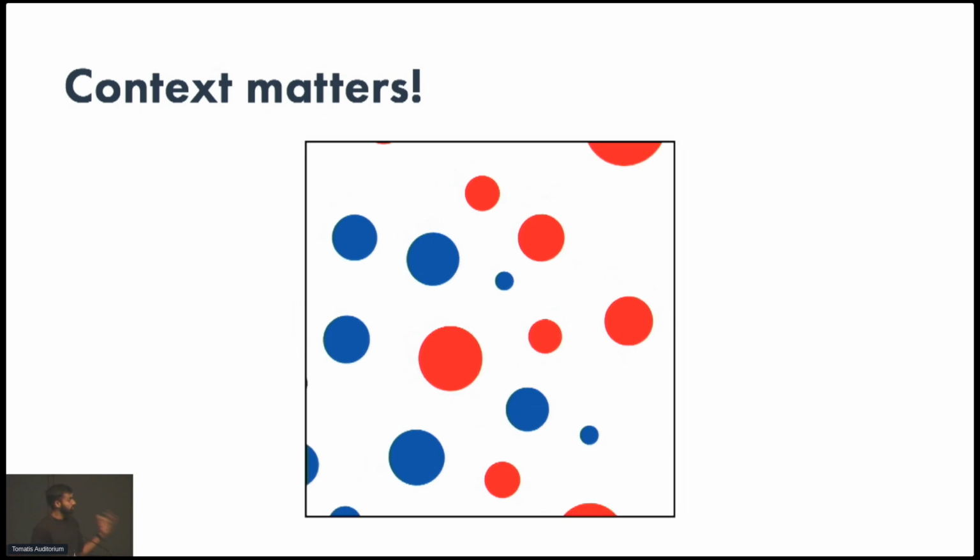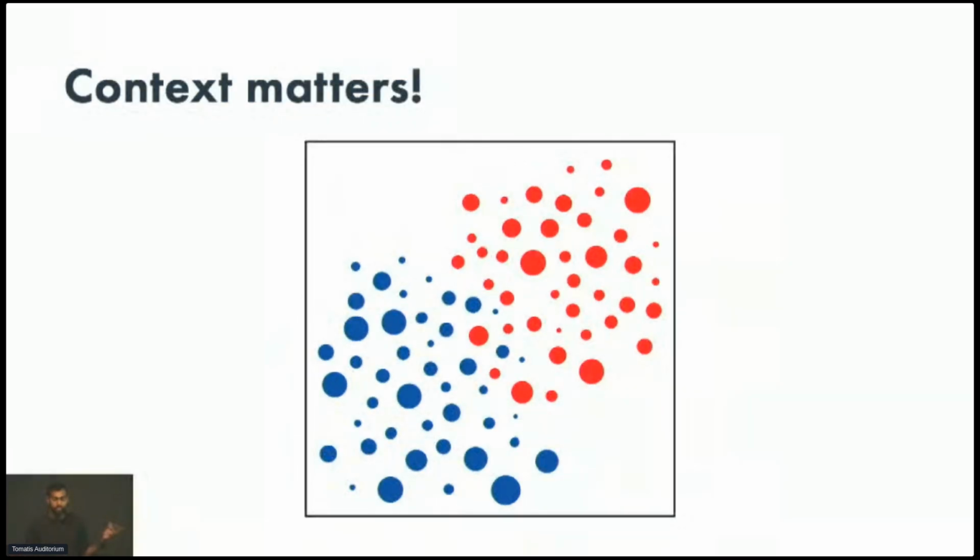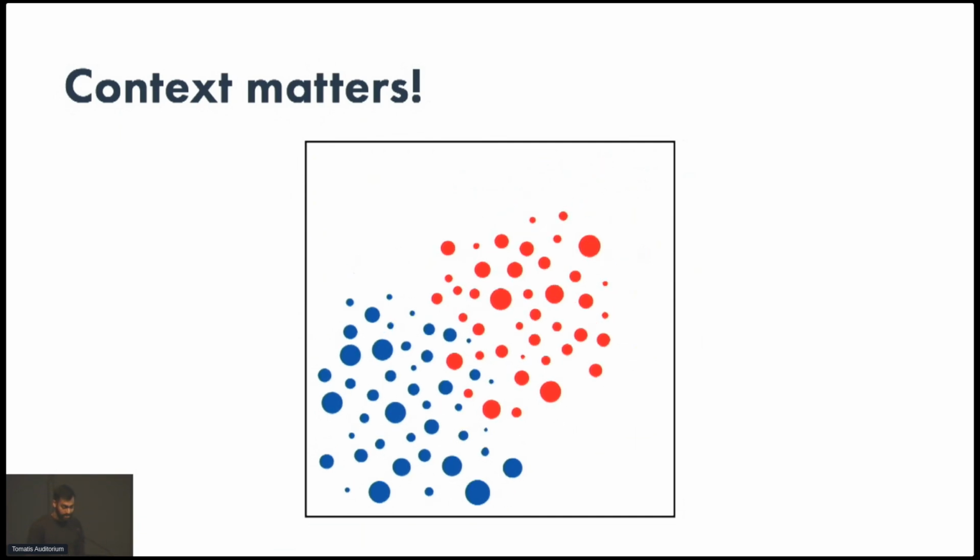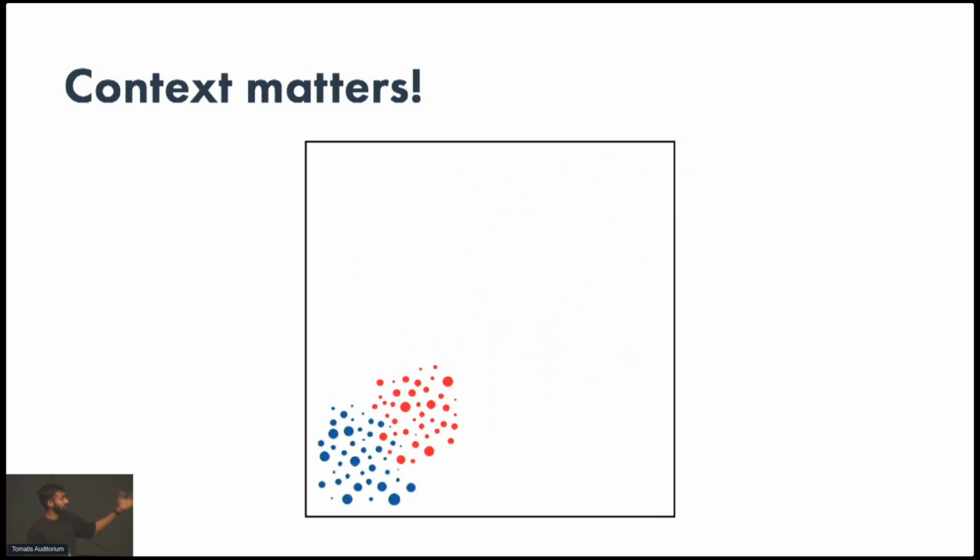But if I were to zoom out of this image, now these two cell types appear dispersed from one another. One's in the top left-hand corner, one's in the bottom right-hand corner. If I were to zoom out yet again, now these two cell types appear localized in the bottom right-hand corner of the image.